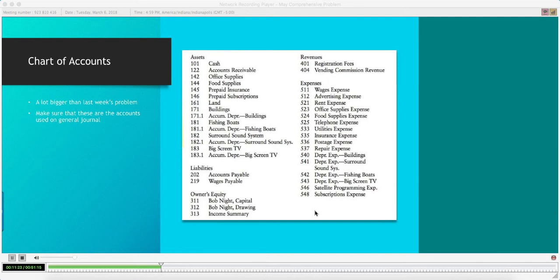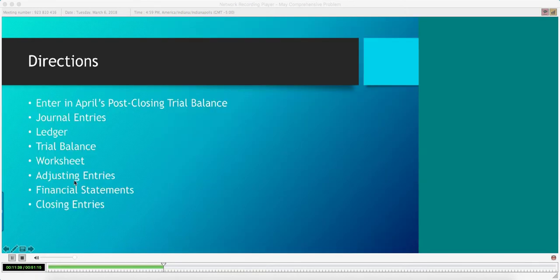You had straight line depreciation in your after conference assignment, and you'll have straight line depreciation again in this week's conference as well, just to make sure that you successfully know how to complete it.